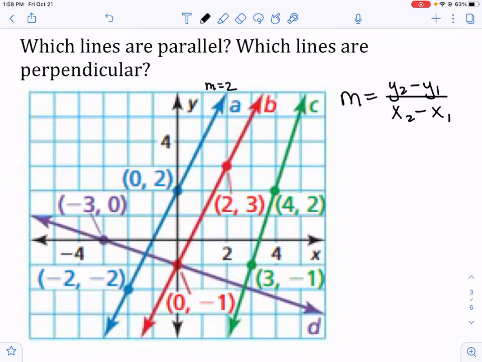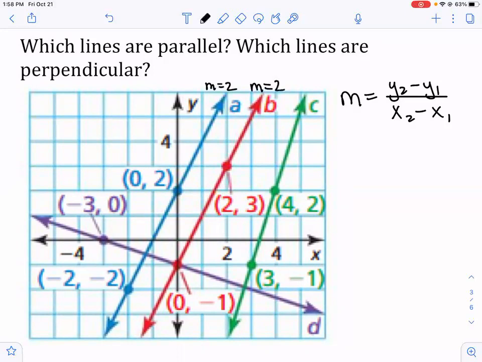Okay. Jonah, what about line B? What is its slope? Well, let's look at it. Here's this point. I'm gonna go up 4 and right 2. What's our slope? 4/2, which is 2.